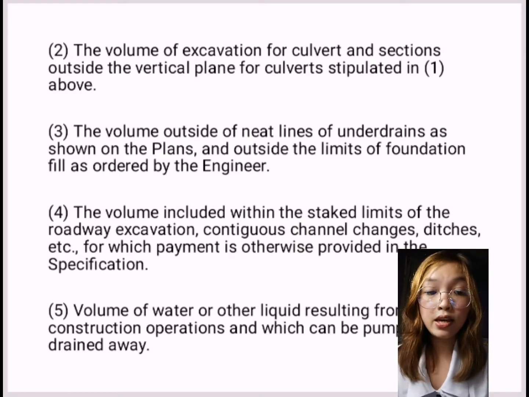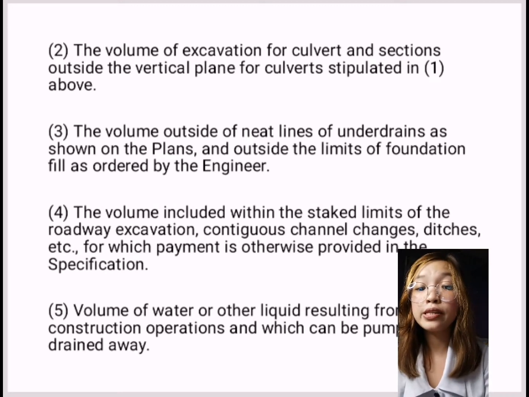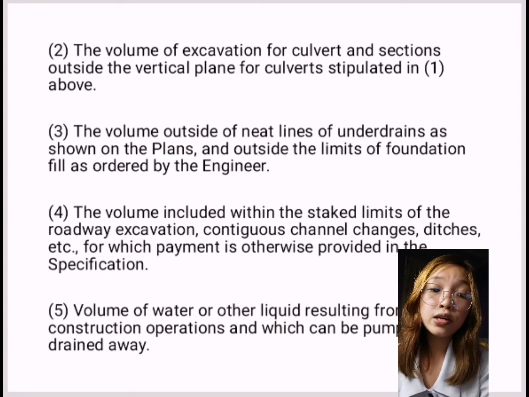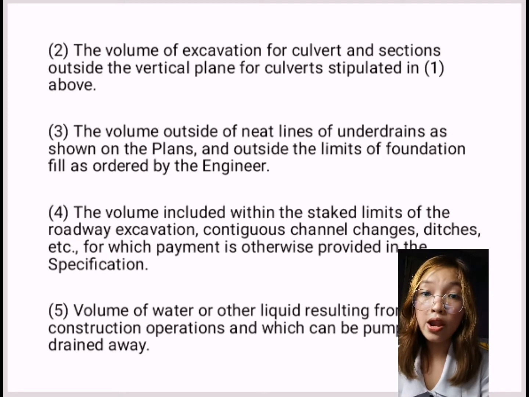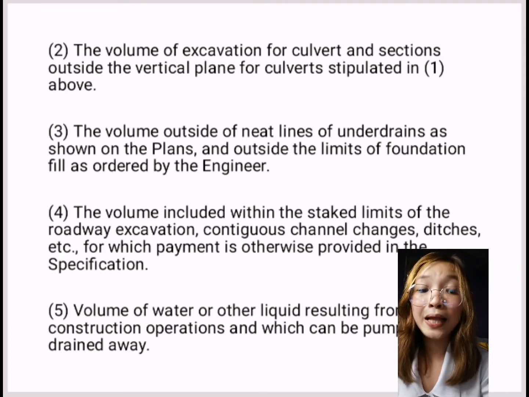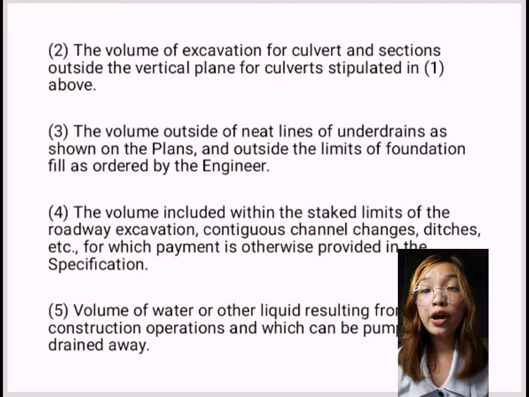Next is the volume of excavation for culverts and sections outside the vertical plane for culverts stipulated in number 1. So, third is the volume outside of neat lines of underdrains as shown on the plans and outside the limits of foundation fill as ordered by the engineer.